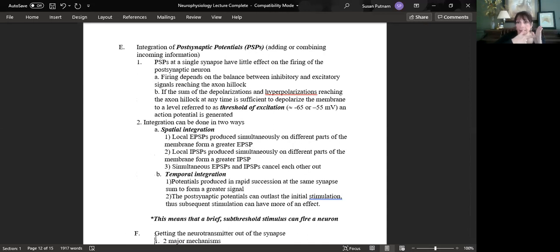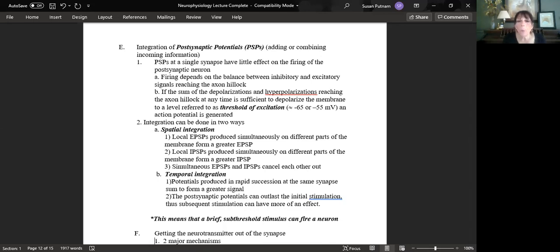Now I'm going to stay at that same synapse and go slower. Slower signaling is going to be less likely to stimulate the neuron.